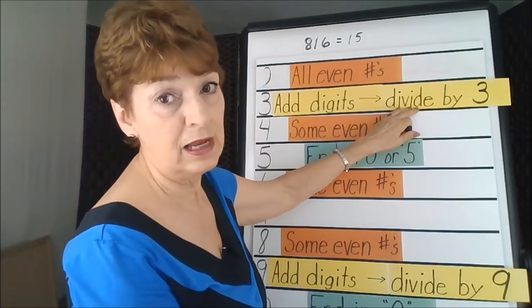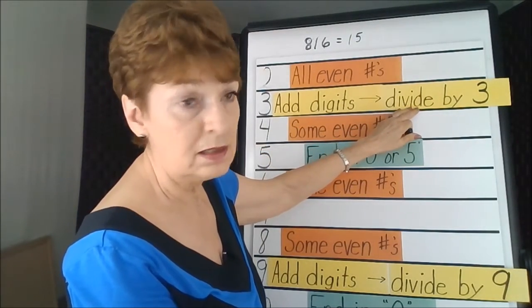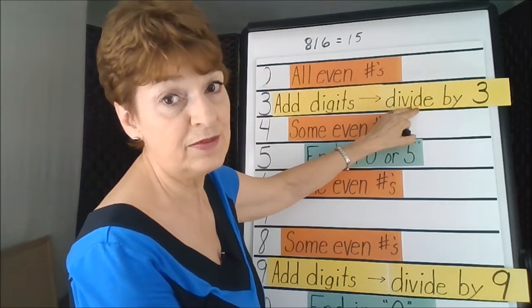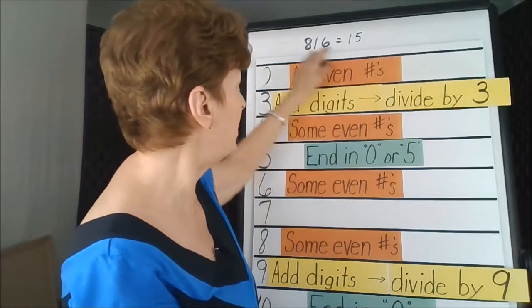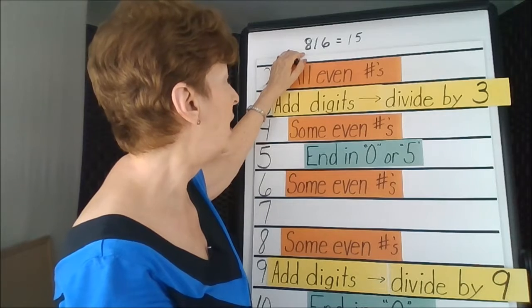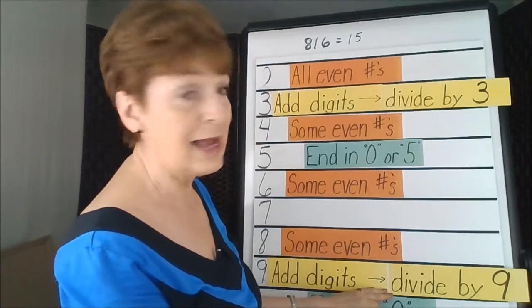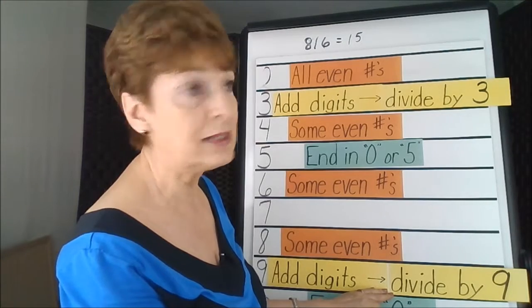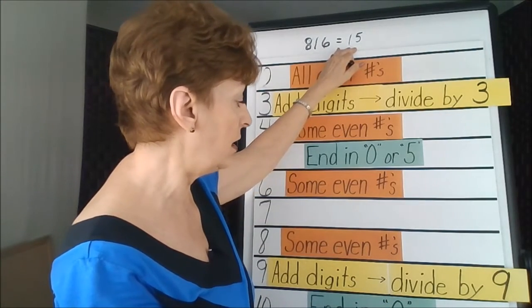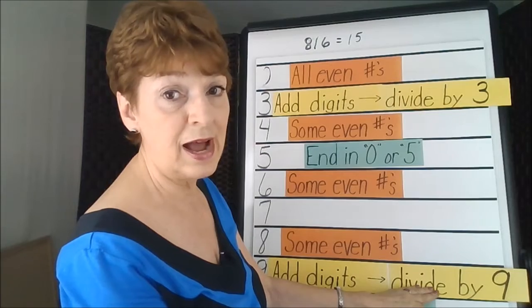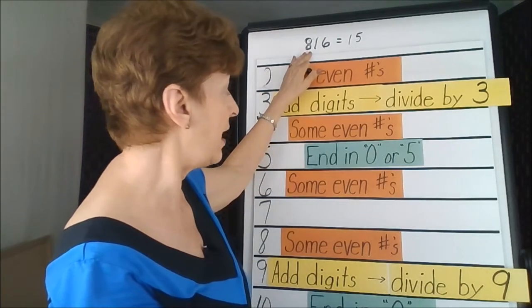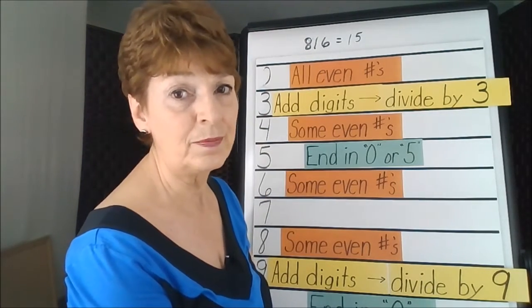Well, 3 will evenly divide into 15 because 3 times 5 is 15. So 3 is going to be able to divide into 816 without a remainder. But 9 does not divide evenly into 15. So if we were to divide 816 by 9, we would get a remainder.